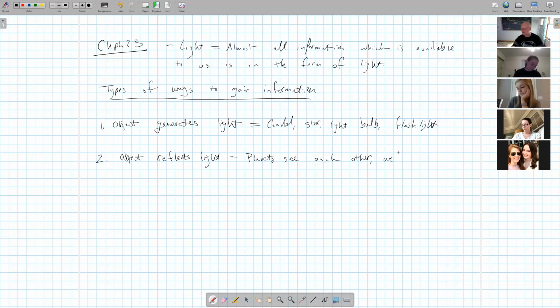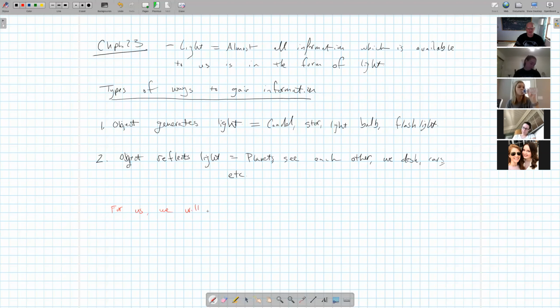We see, for example, my desk, cars when they don't have their headlights on, etc. So most of the things that we actually see are when the object itself reflects light. In that case, the light bounces off the object, and then we can see it using that reflected light. So for this remaining portion of the class, we're going to be mostly looking at things like this, things that are actually reflecting.